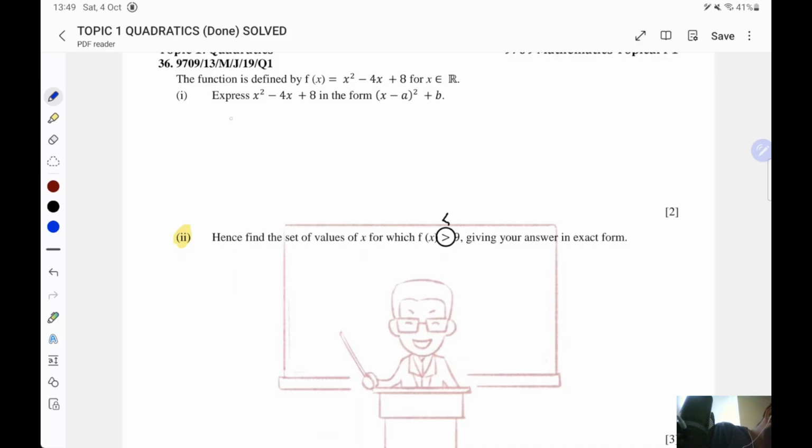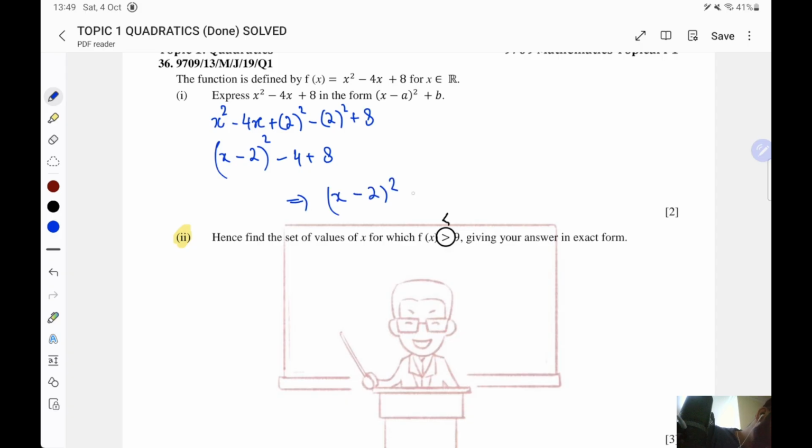So it's simple, x square minus 4x: whatever is the coefficient of x, we are going to halve it, add the square of it, and subtract the square of it. So the first three terms make the identity, x minus 2 whole square minus 4 plus 8. So the answer will be x minus 2 whole square plus 4.